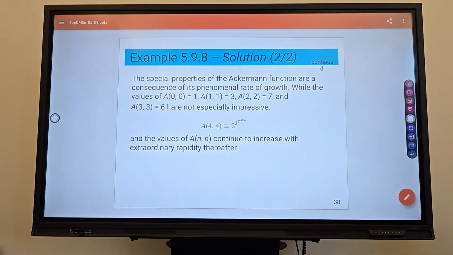The special properties of the Ackermann function are a consequence of its phenomenal rate of growth. While the values A of 0, 0 equals 1, A of 1, 1 equals 3, A of 2, 2 equals 7, and A of 3, 3 equals 61 are not especially impressive, A of 4, 4 is approximately equal to 2 to the 2 to the 65,536th power.